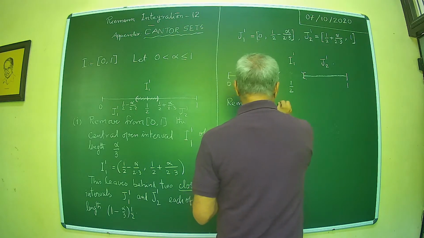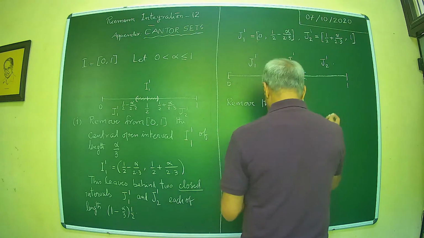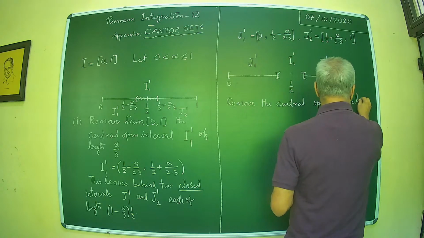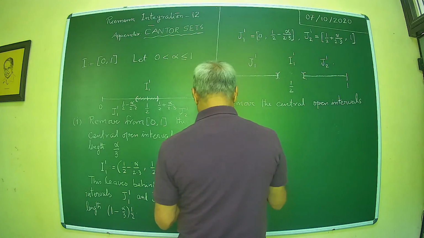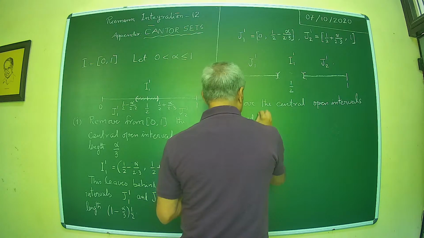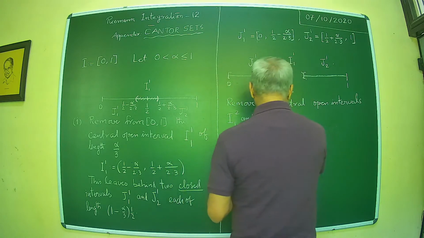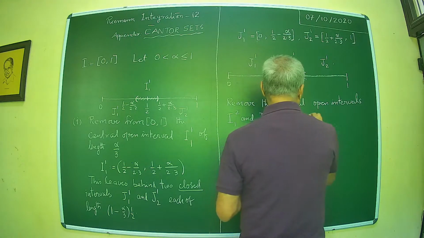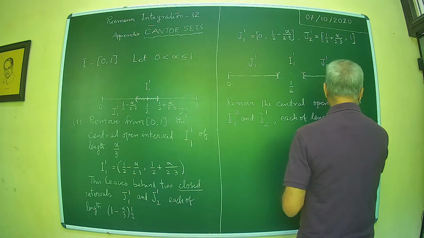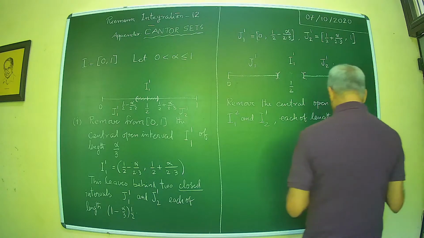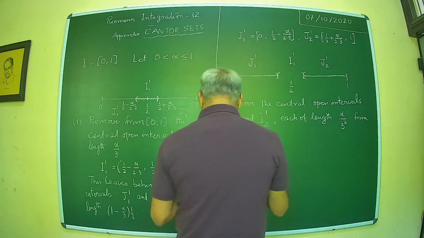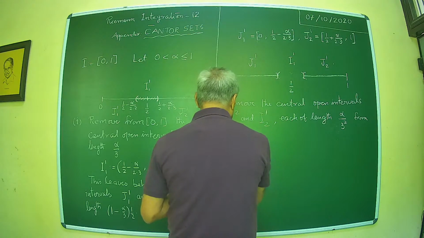Remove the central open intervals, I21 and I22, each of length alpha by 3 square, from J11 and J12 respectively.